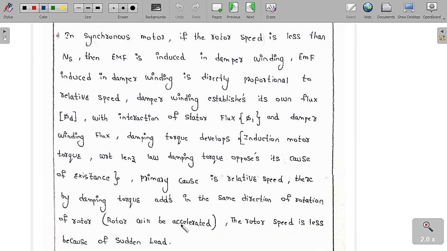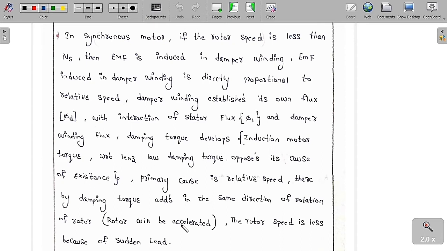So we can say that in a synchronous motor, if the rotor speed is less than Ns, meaning suppose I have suddenly increased the load, Nr will be less than Ns. Then EMF is going to be induced in the damper winding. This EMF induced in the damper winding is directly proportional to the relative speed, because there is a difference in speed between Nr and Ns.